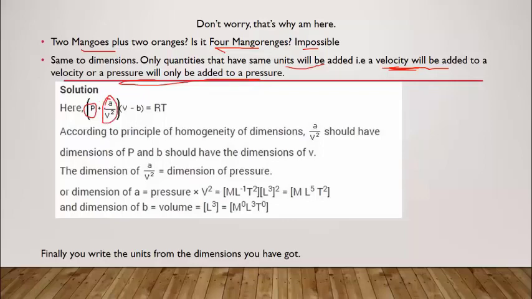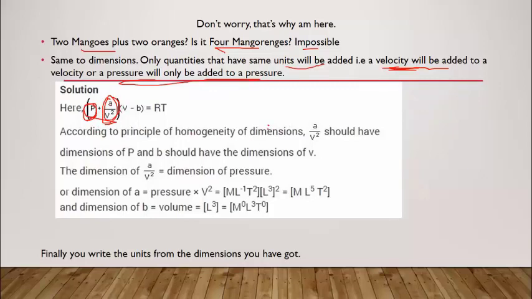So automatically we know that this component is equal to the dimensions of pressure, because pressure can only be added to pressure. So the dimensions of P are equal to the dimensions of A V squared.